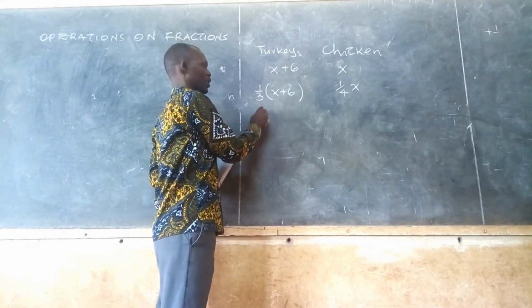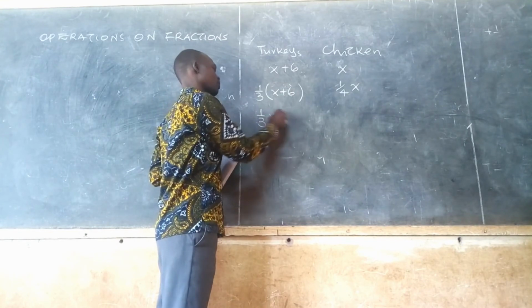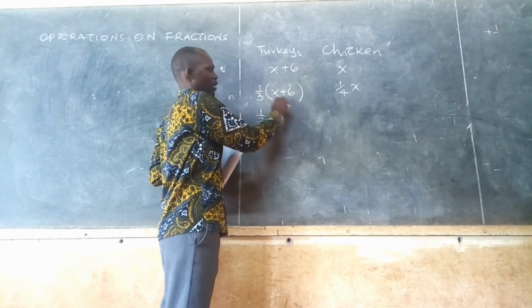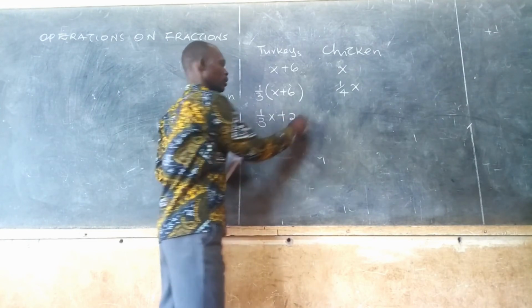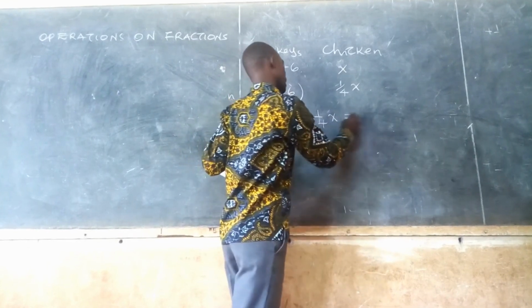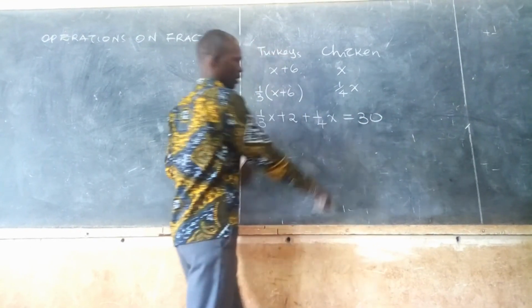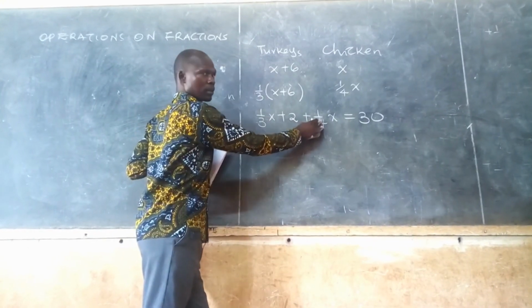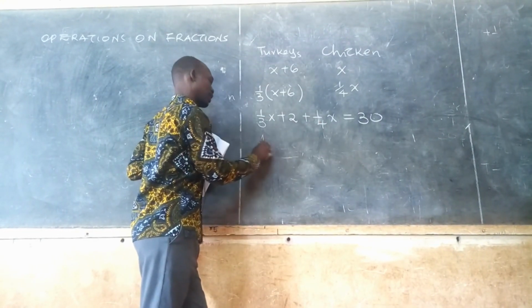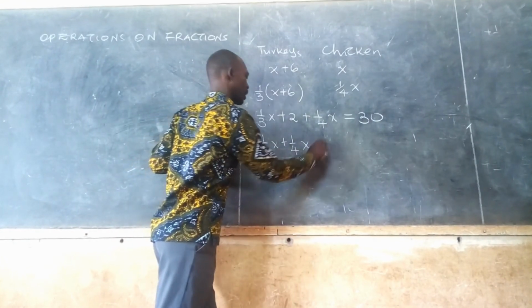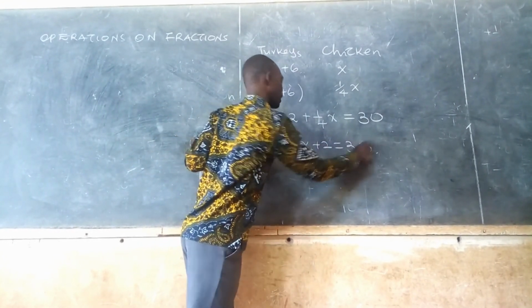Just this part. It will be a third of X plus, this a third must also multiply 6, a third of 6 will be 2, plus a quarter of X will give you 30. That's how to go about it. So I'll have a third X plus a quarter X plus 2 equals to 30.